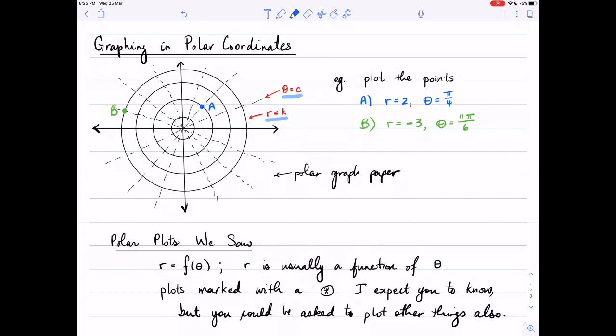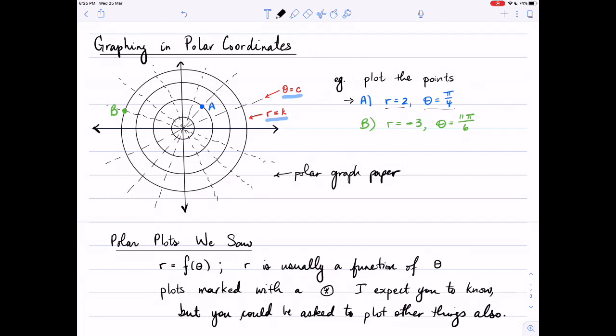So we looked at plotting these kinds of points, and so the little example that I've got here for us is asking us to plot first point A where the radius is 2 and the theta is pi over 4. And so that's really simple.